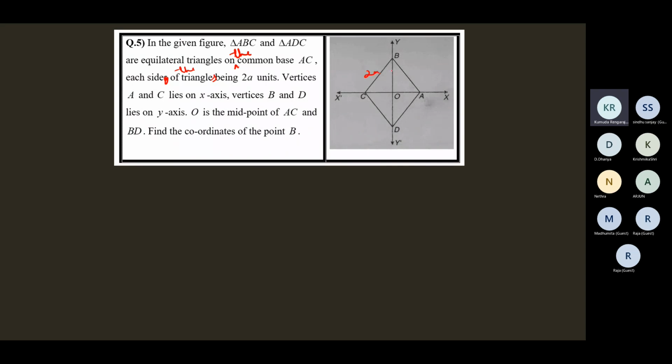So it's 2a, 2a. This AC is also 2a because it's equilateral. Both are equilateral triangles, so all the sides are 2a units.